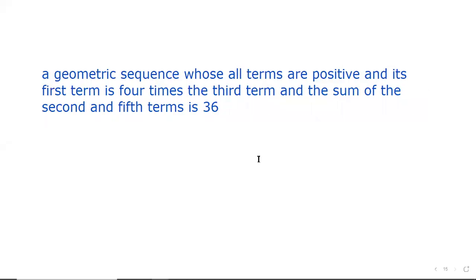A geometric sequence whose all terms are positive, and its first term is 4 times the third term. Okay. So first term T1 equals 4 times the third term, it's 4 T3. And T1 is A equals 4 multiplied by AR to the power of 2.